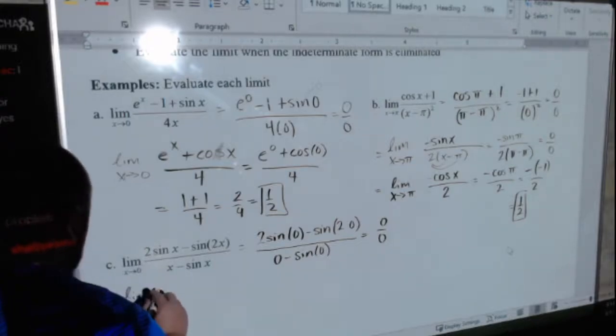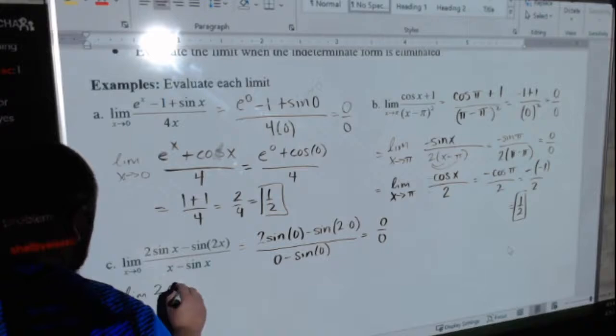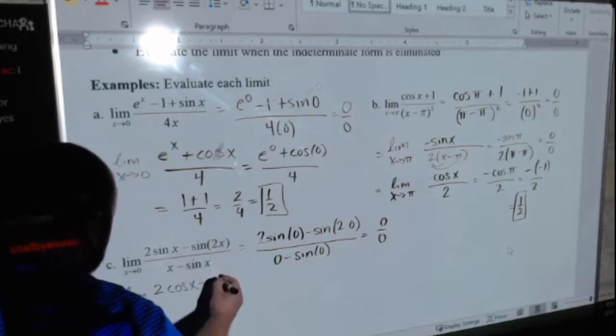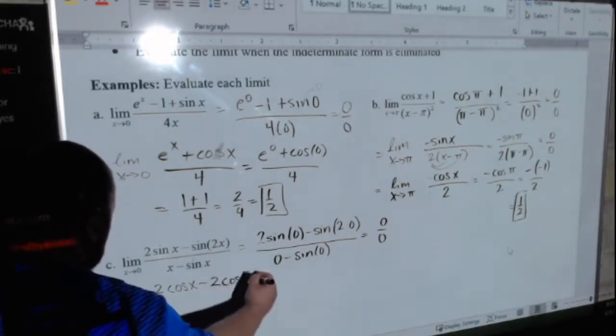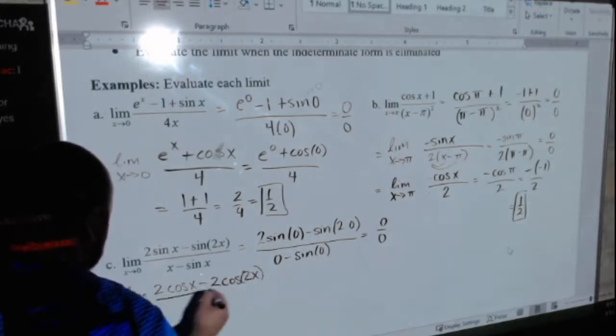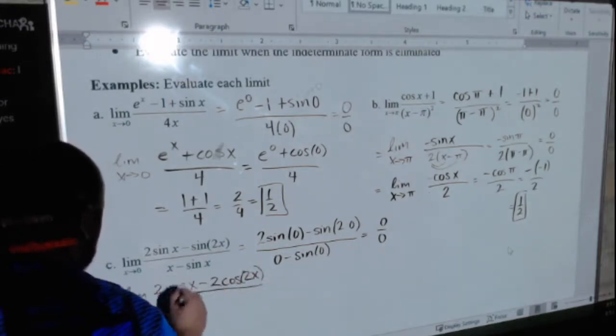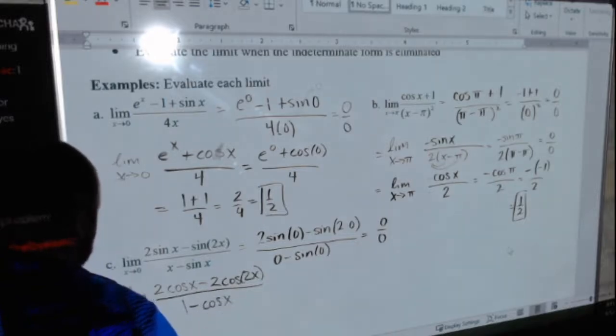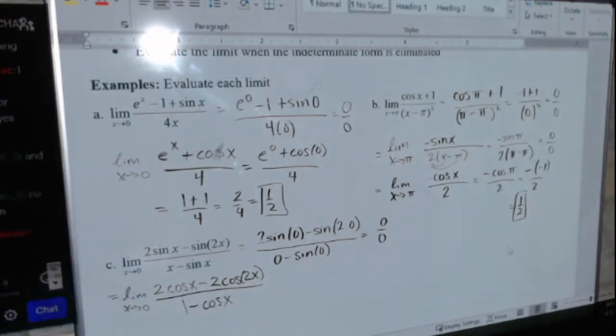Derivative of sine is cosine. This one you have to use the chain rule, so you get a 2 out in front. Derivative of sine is cosine. Derivative of x is 1. Derivative of sine, cosine. Plug in 0 again.